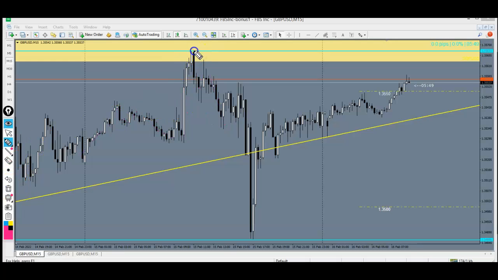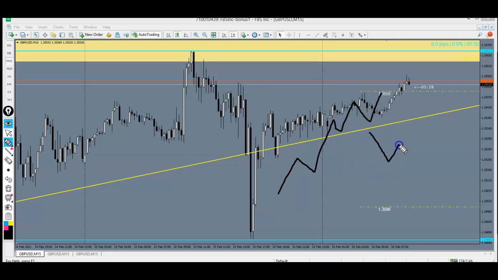We said if it's moving up, we're looking for, or let me use a different color candle, maybe that would be better for us. So we're looking for higher highs, higher lows, higher highs, higher lows. And in the same way, we're looking for lower highs, lower lows, lower highs, lower lows, like that.